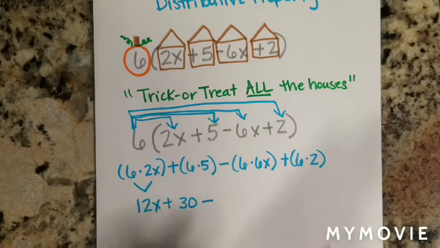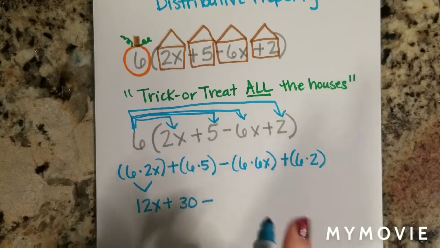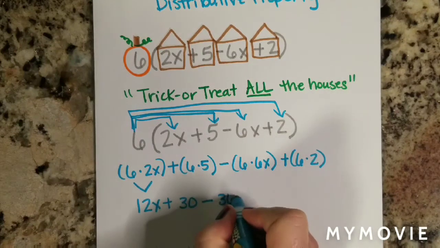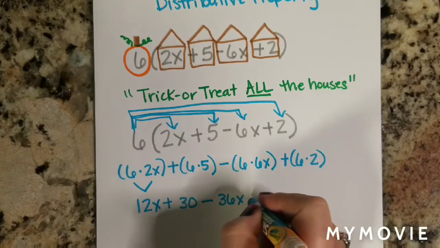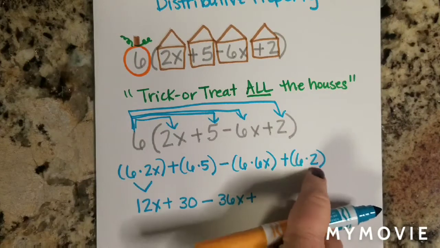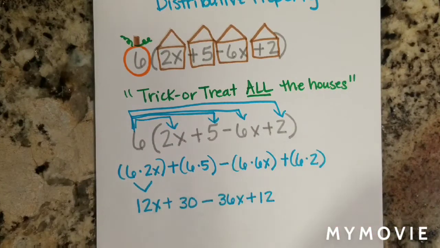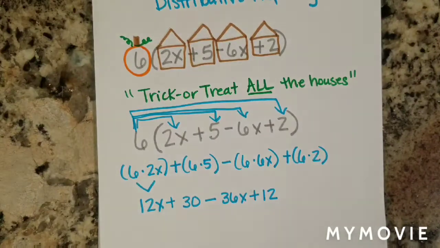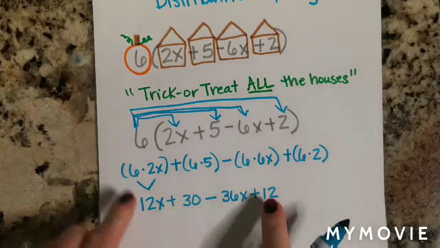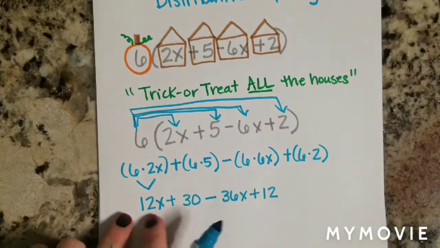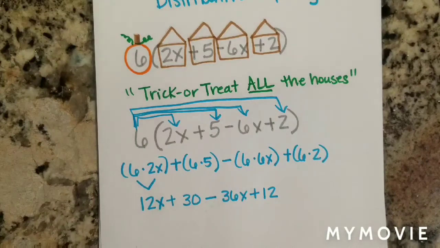Bring down the minus sign. 6 times 6x is 36x. Bring down the plus sign, and 6 times 2 is 12. Now, that looks a lot less scary than this looks, but we can make this even less scary.